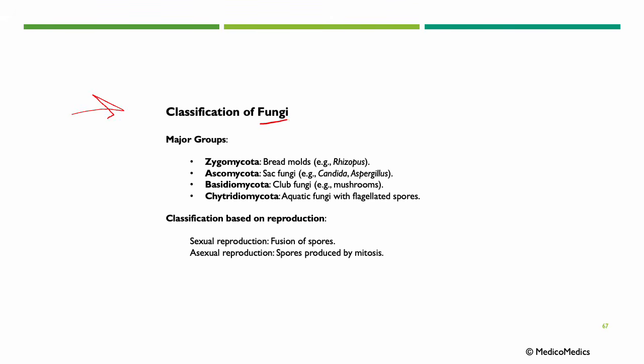Now, how do we classify fungi? Well, we have these major groups: Zygomycota, bread molds like Rhizopus, Ascomycota, sac fungi like Candida or Aspergillus, Basidiomycota, club fungi like mushrooms, and let's say Chytridiomycota, aquatic fungi with flagellated spores.